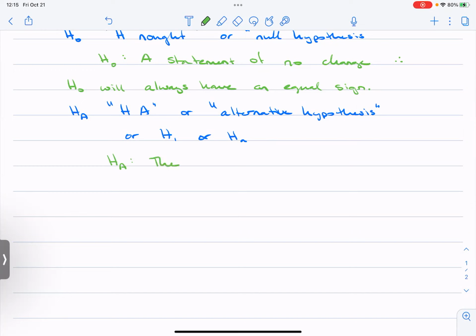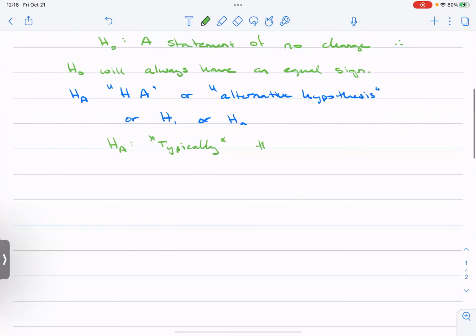And it's typically the hypothesis we want to prove. I'm only being picky about it because it's not always the case, but it's often the case.